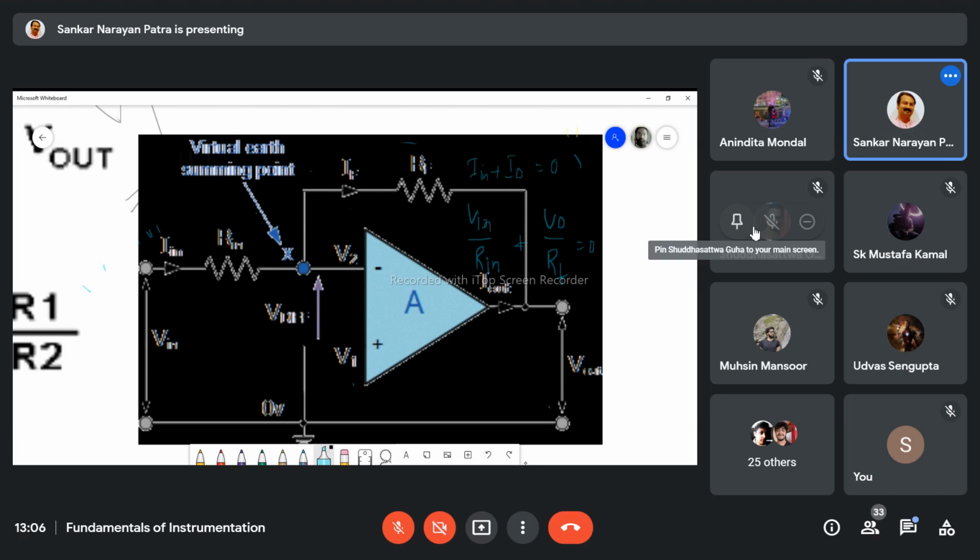This is I out, this is I in, and this is the node, and this is 0. Or V out by V in equal to minus RF by RI. Am I right? Am I right, my son? Daughter?